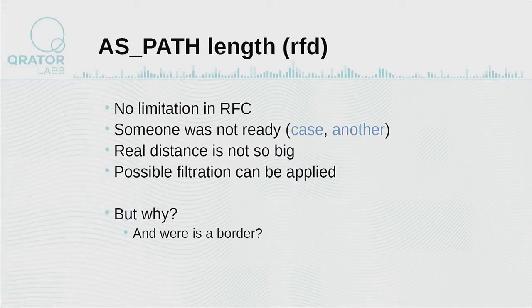Also, there is another suggestion about AS path length, and it's a more reasonable one, because distance in the internet is not so big, and even the worst of valid AS paths can be not longer than, for example, 20 ASNs. And so they can be filtered out. But what is the problem? First of all, the RFC says that if an AS path is not fitting in one AS_SEQUENCE segment, it should be transferred to another AS_SEQUENCE segment.